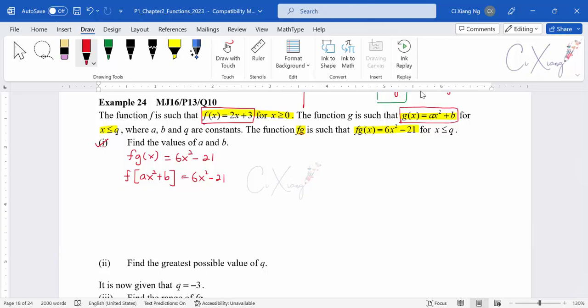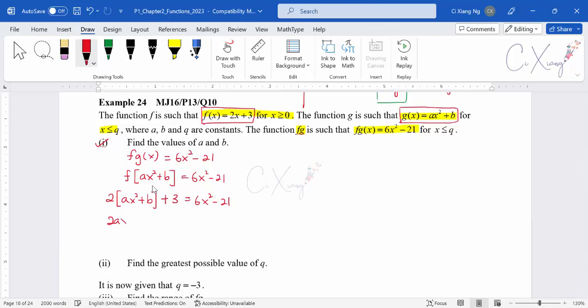Now function f is something like this, and I want to replace all the x here with ax^2 + b. Therefore, if I continue further, I'm having 2(ax^2 + b) + 3, where I replace x with ax^2 + b, and that equals 6x^2 - 21.